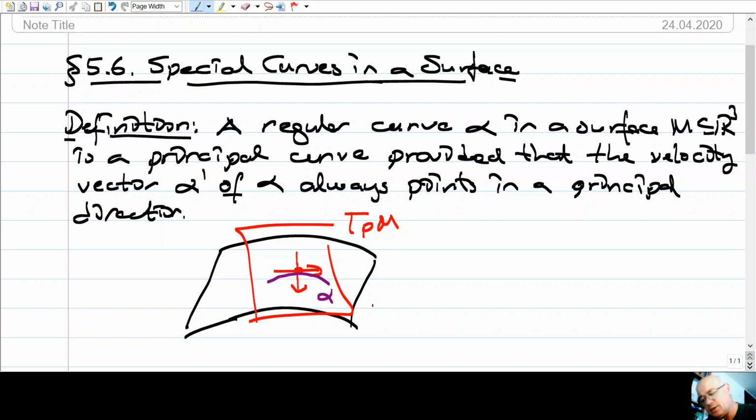So this is our alpha, and say these are our principal directions, E1 and E2, and it will be always parallel to one of the principal directions at any point. Okay, so that's the definition of a principal curve.